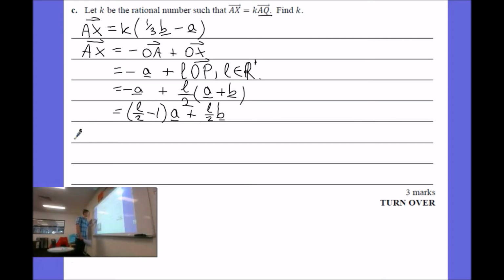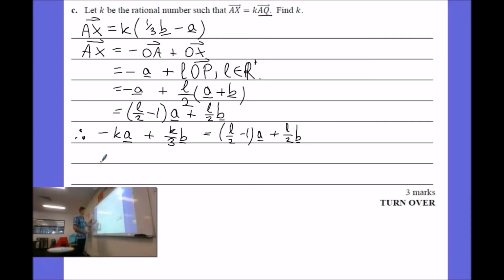So we're going to go ahead and equate the two forms of this vector. So all together now, we've got negative k of vector A plus k on 3 of vector B on the left, which is the same as (L on 2 minus 1) of vector A plus L on 2 of vector B.